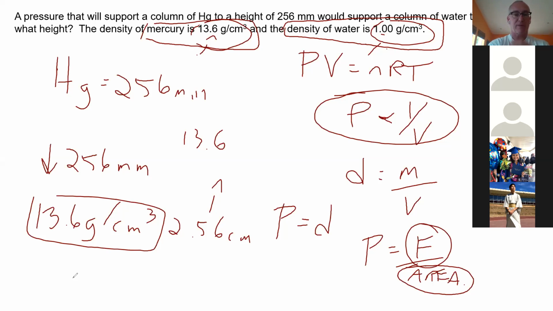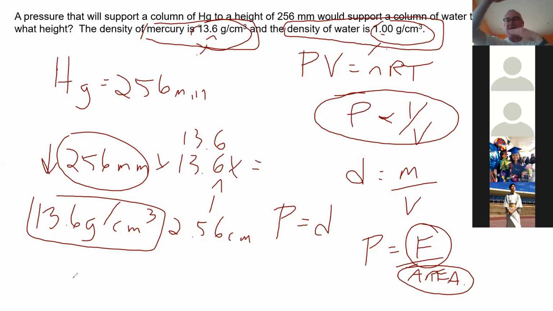And so if that pressure can push mercury up 256 millimeters, you would have to have 13.6 times more water to equal that amount of mercury. So it would just be 256 times 13.6.